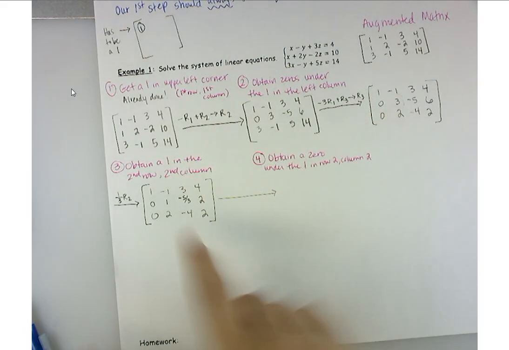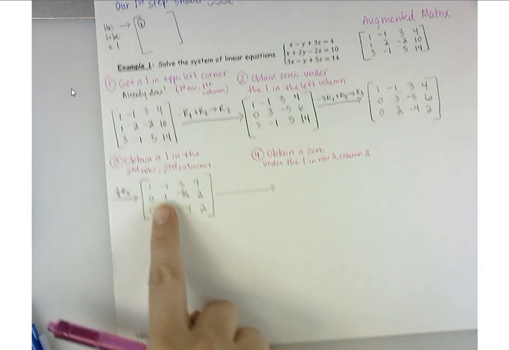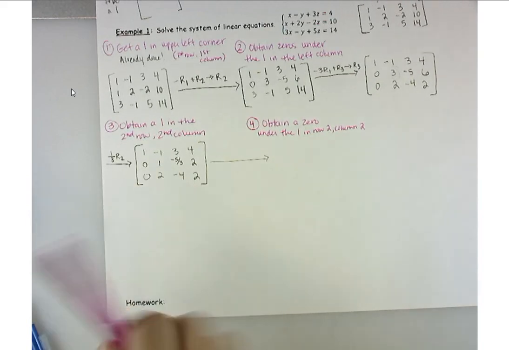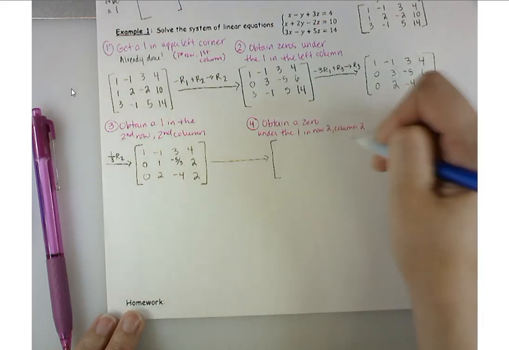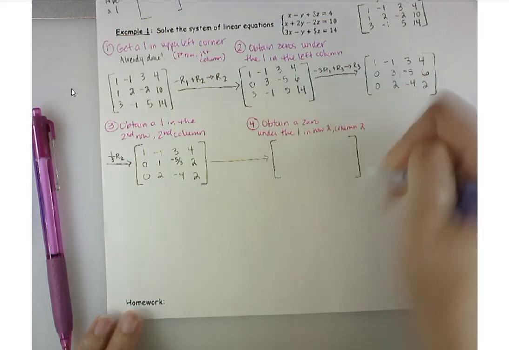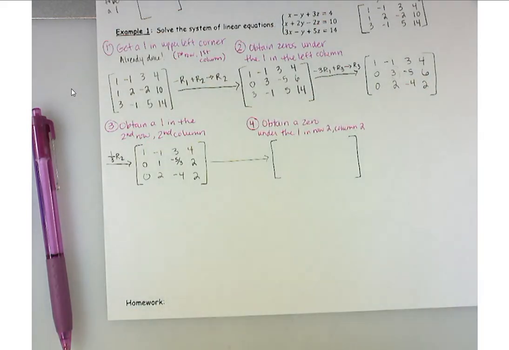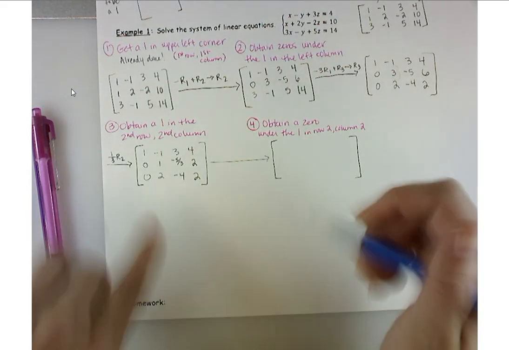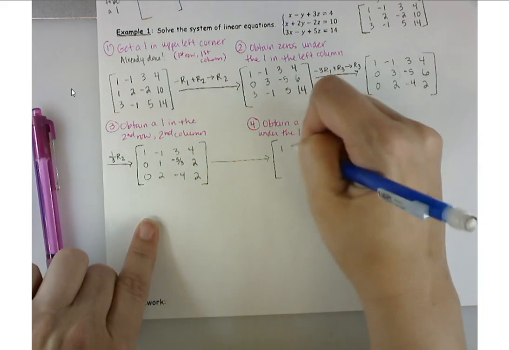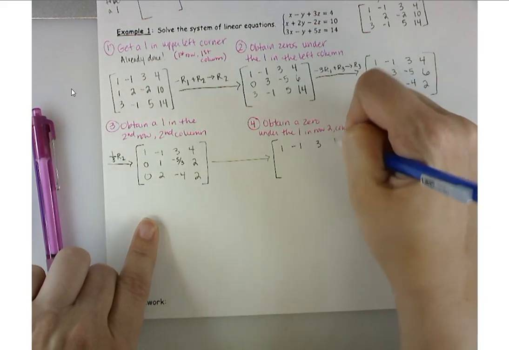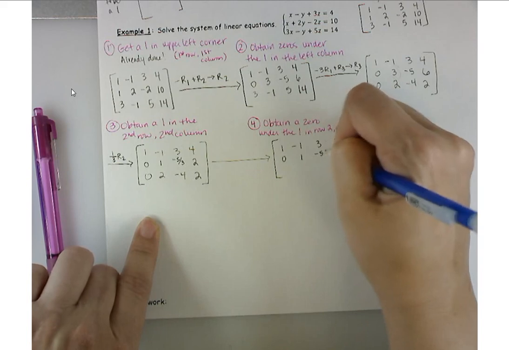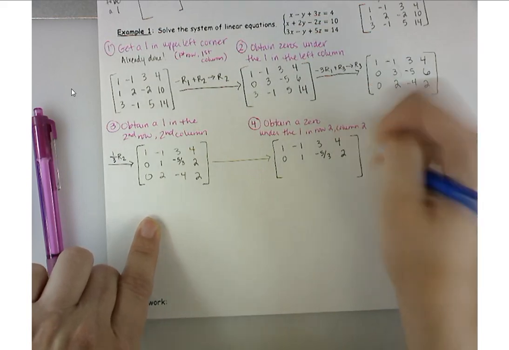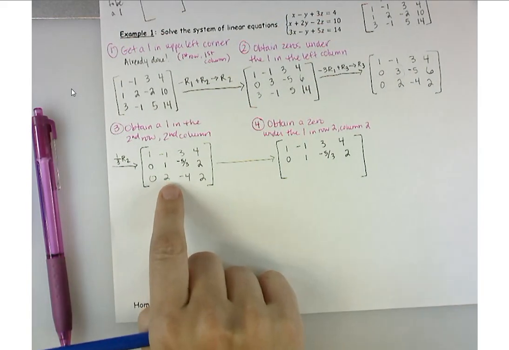Okay, so that 1 that we just transformed here, we now have to get a 0 underneath it. Okay, so I'm going to want to leave my first row the same and my second row the same because I want that 0 in the third row. What can I do to make this a 0?